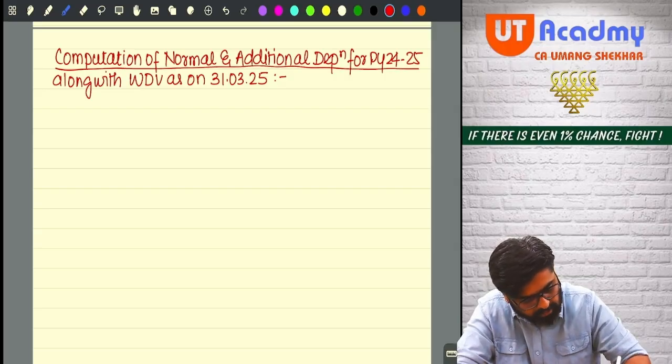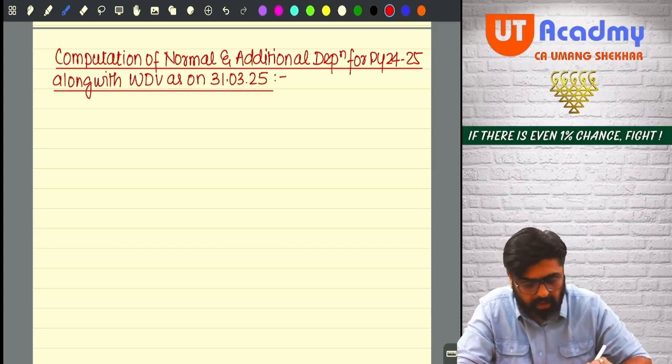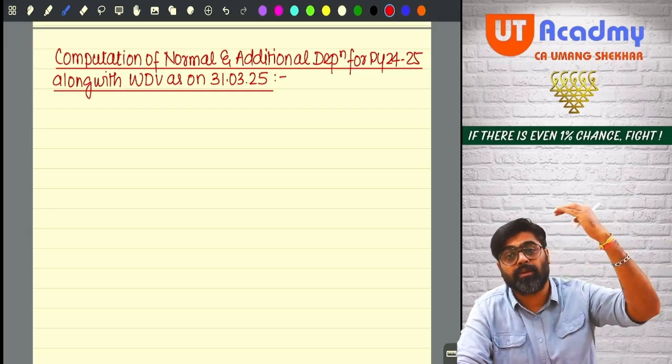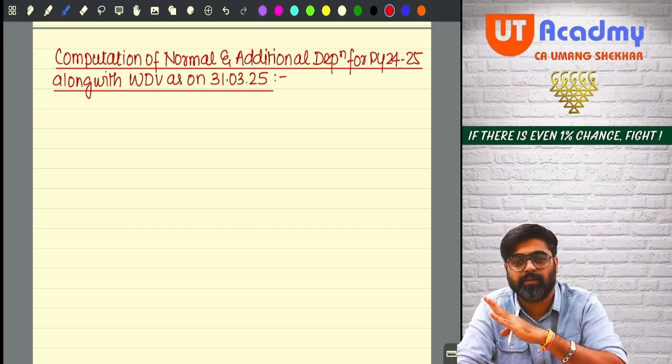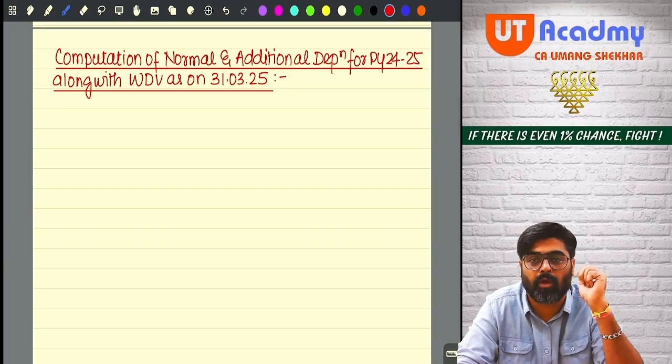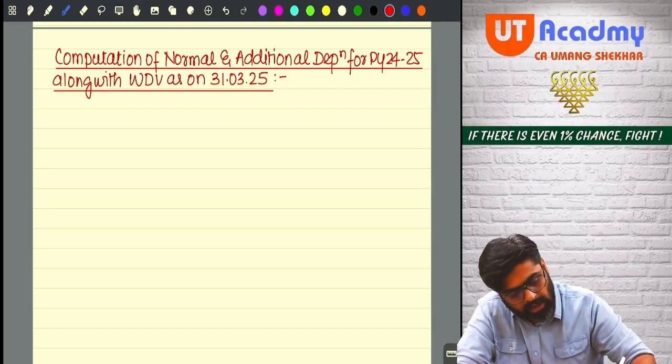How many blocks are given in the question? Tell me. One block I already have of plant and machinery, from the last year only, it is coming in this year. And second block will be made for the first time in this year, computer block. So I'll make two blocks.